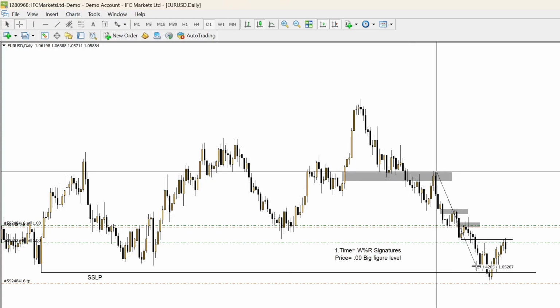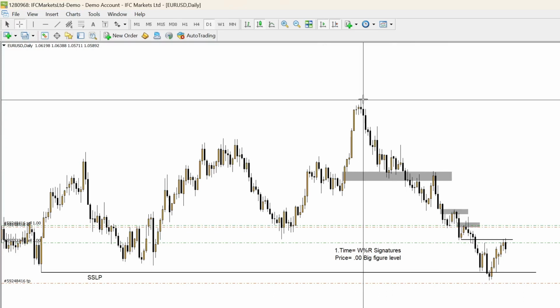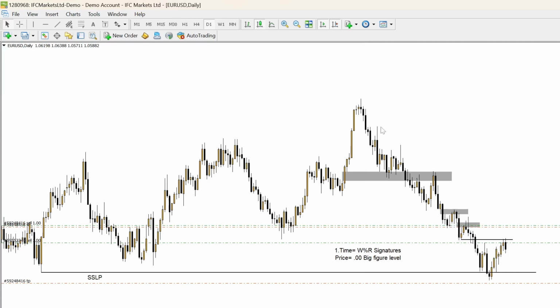This range here from high to low is just shy of 500 pips. This range here from high to low is 800 pips. The ranges that unfold, guys, are going to be those numbers, and the highs and lows are going to form at those numbers.